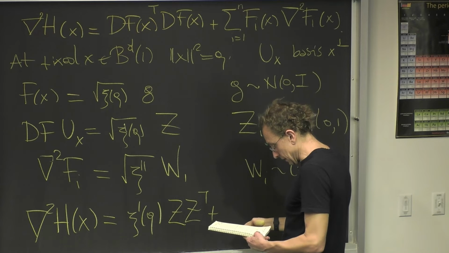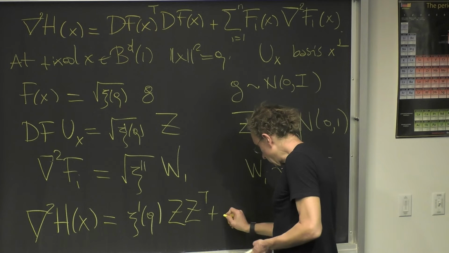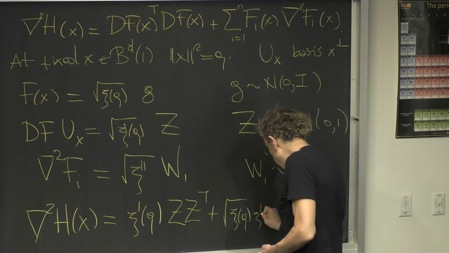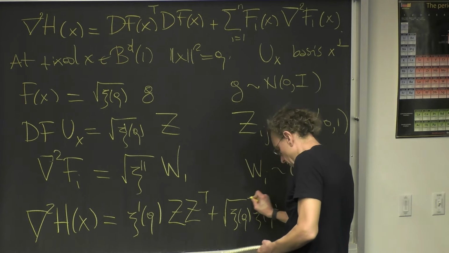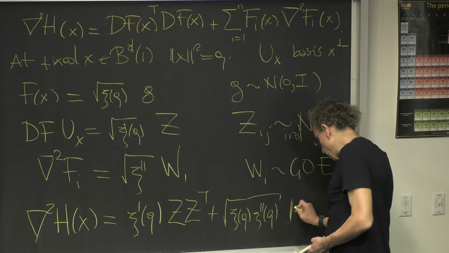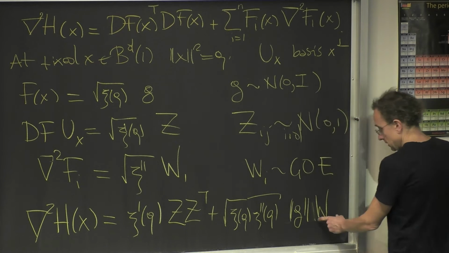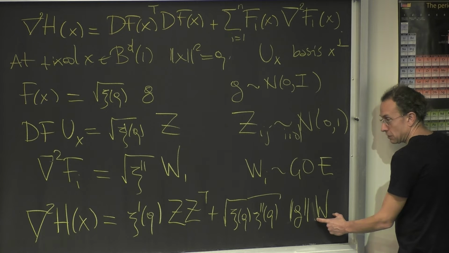So you get something like square root of psi of q, psi prime of q, psi second of q, and then the norm of g times W, where this is a GOE matrix.